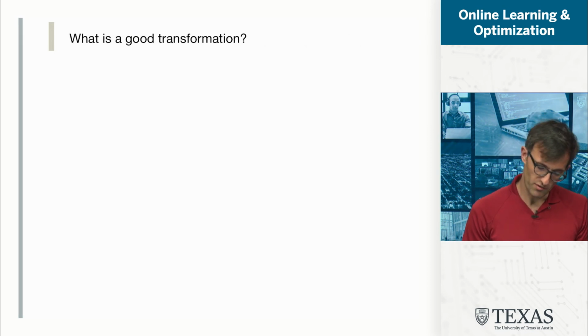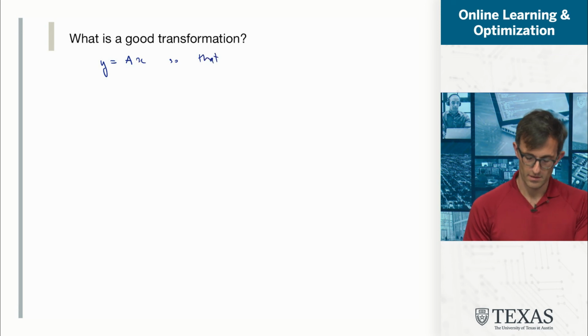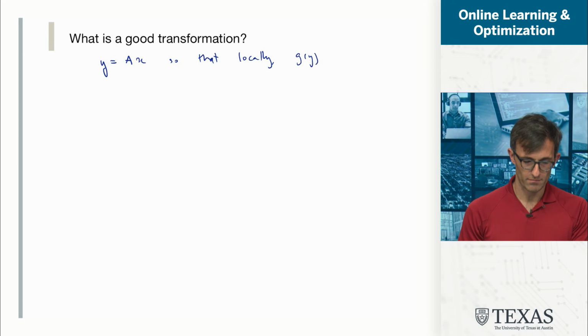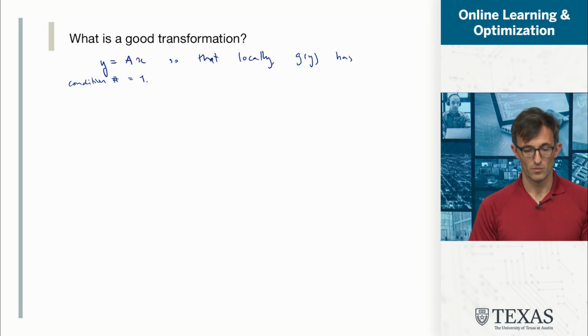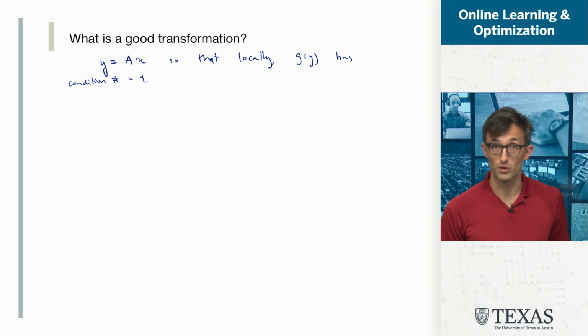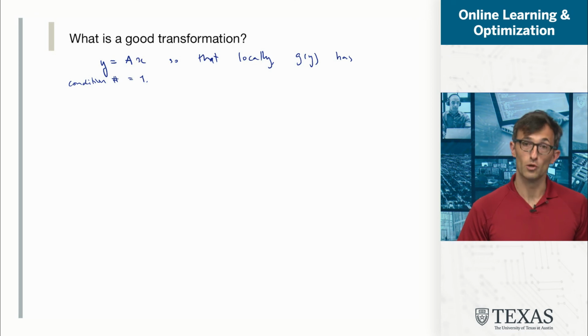So again, a good transformation is we need to find y equal to ax so that locally g of y has condition number equal to 1. So what does that mean? What is our local condition number? We're not talking about a global strong convexity and smoothness parameter.